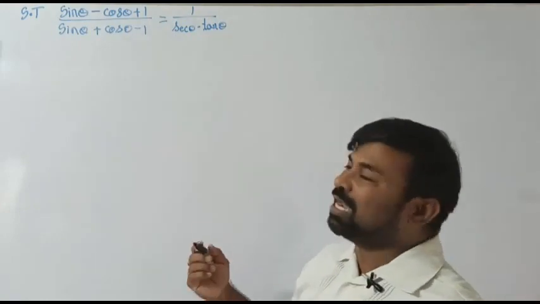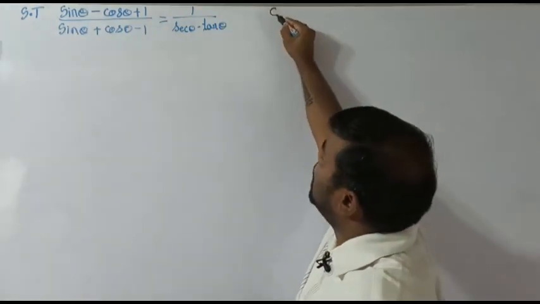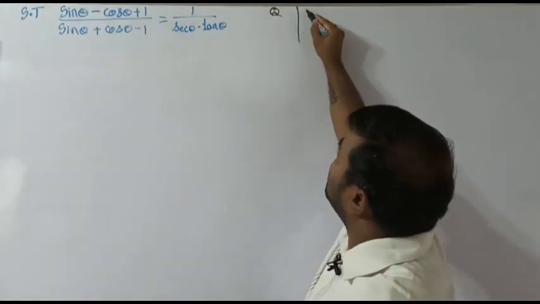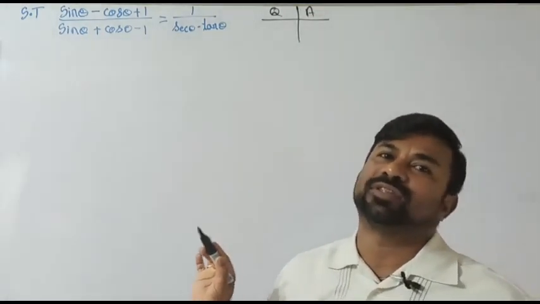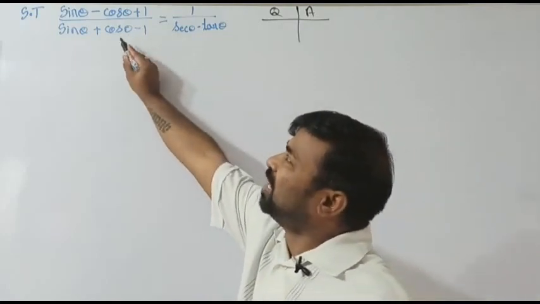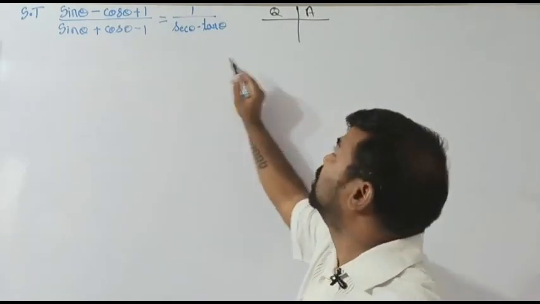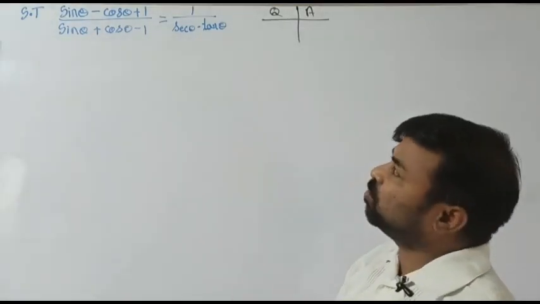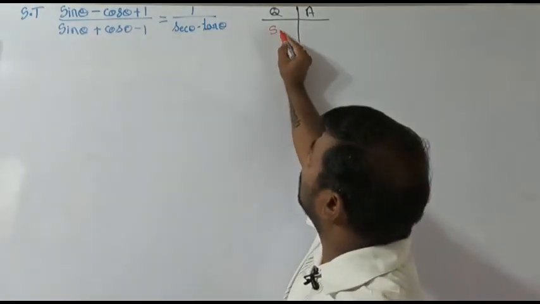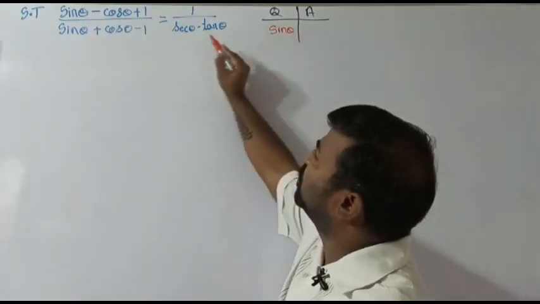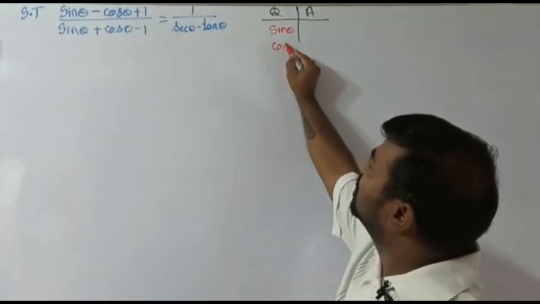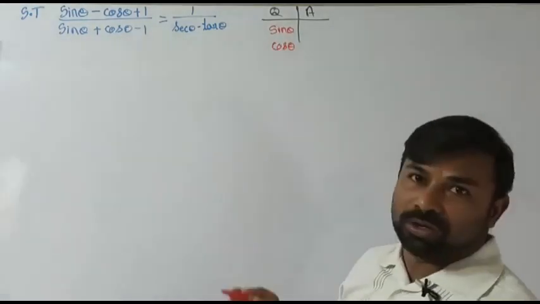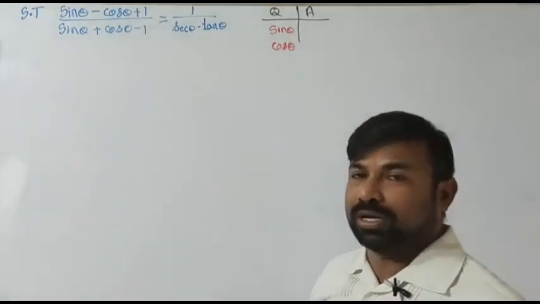While looking at the question, what is there in the question and what is there in the answer? This is what we are supposed to think about always when dealing with trigonometry. What are the trig ratios present in the question? The first thing we have is sine, and the other one is cos.